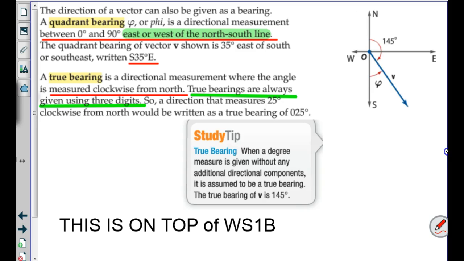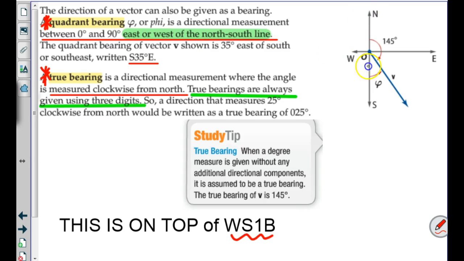We are eventually going to talk about, these are on the top of 1B when we get there, the difference between a quadrant bearing and a true bearing. How many of you had trig and remember bearing problems and you were a little frightened? Did you do some bearing problems? Probably not very many anymore, but a quadrant bearing in our book is always off either east or west of the north-south line.